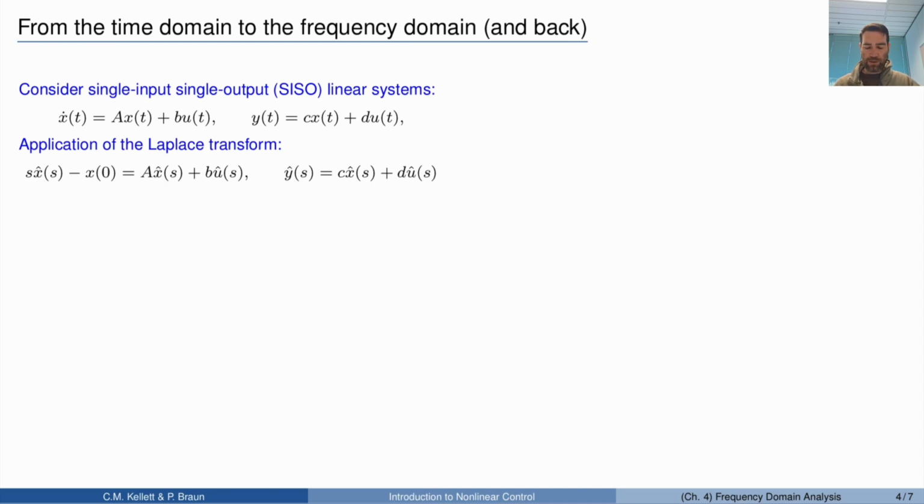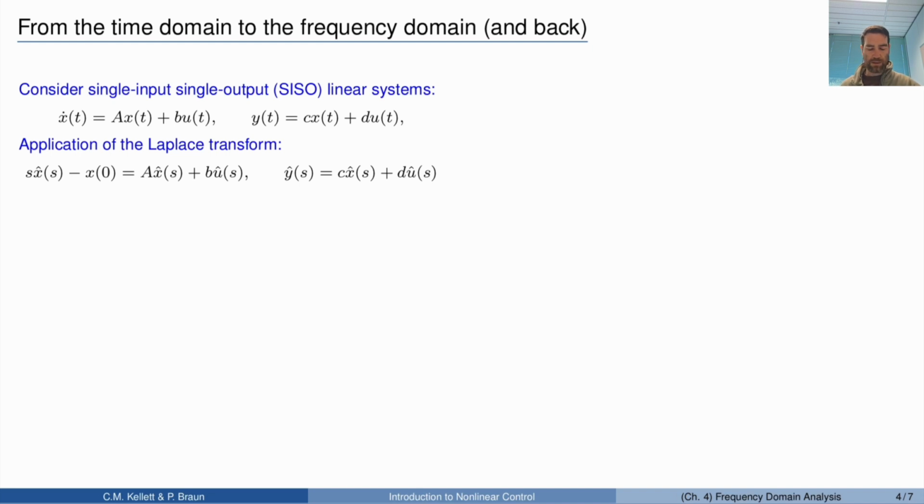And that we can also do with the output equation, and that is the corresponding equation to the system in the time domain here. From here, how do we continue now to define the transfer function G? Well, we can rearrange the terms.